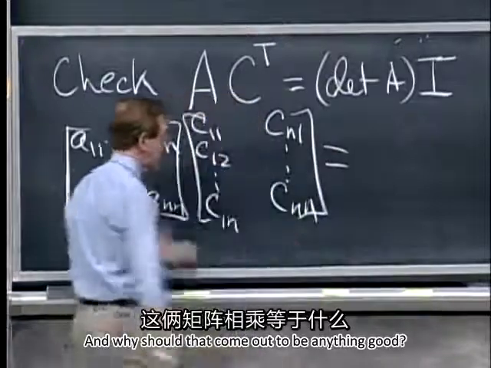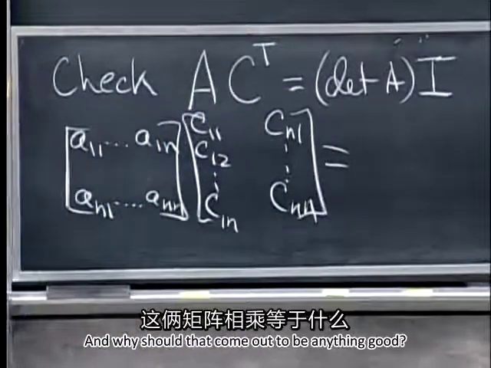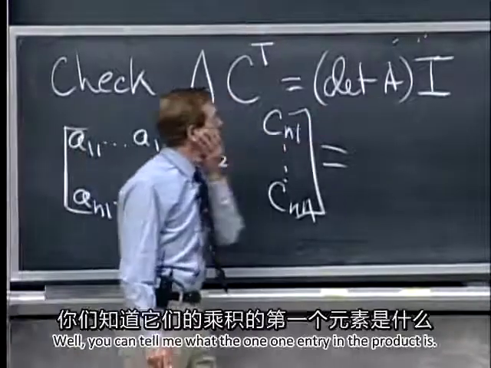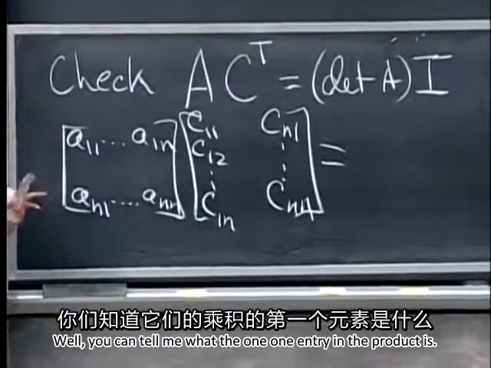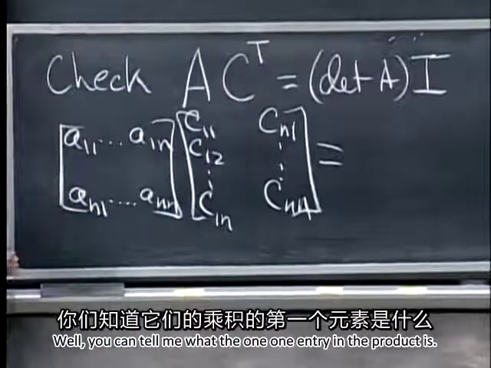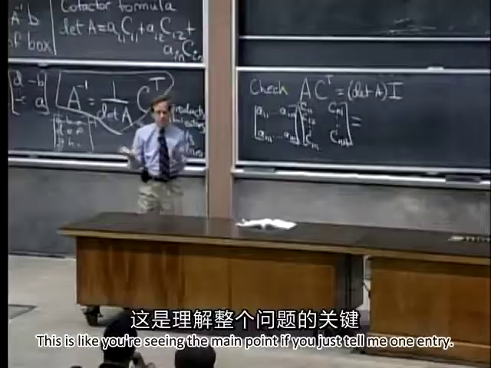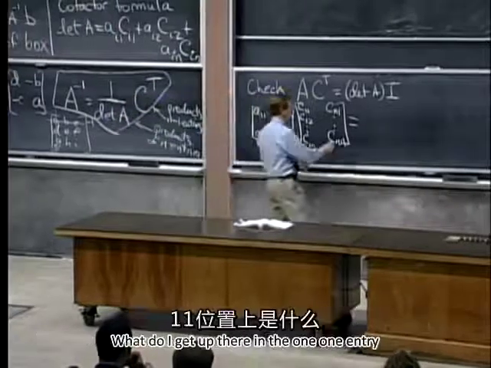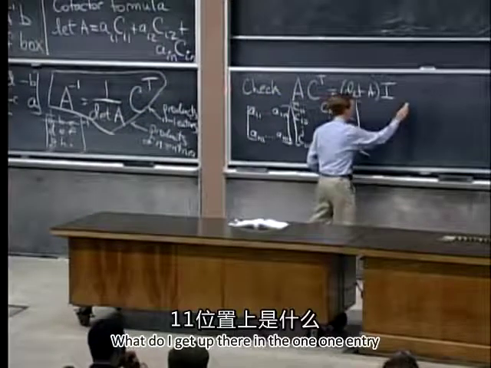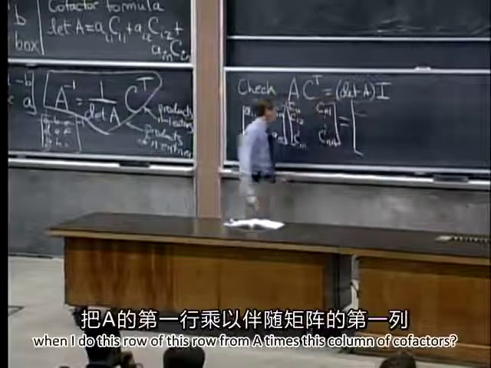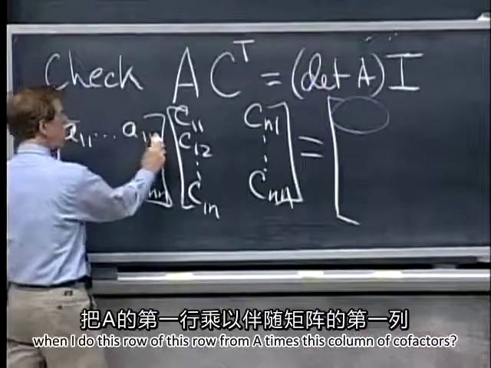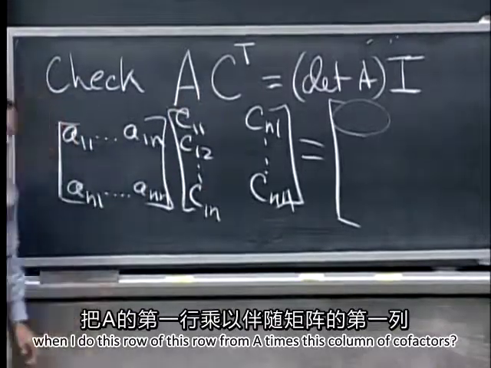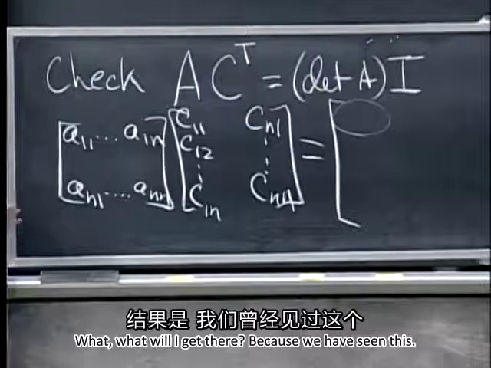And why should that come out to be anything good? In fact, why should it come out to be as good as this? Well, you can tell me what the 1,1 entry in the product is. You're seeing the main point if you just tell me one entry. What do I get up there in the 1,1 entry when I do this row of A times this column of cofactors?